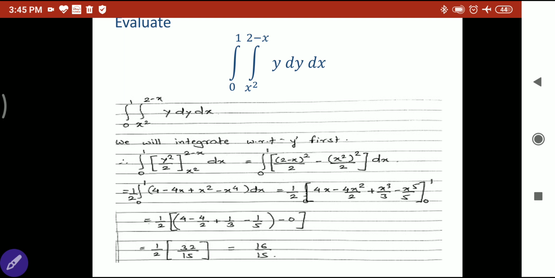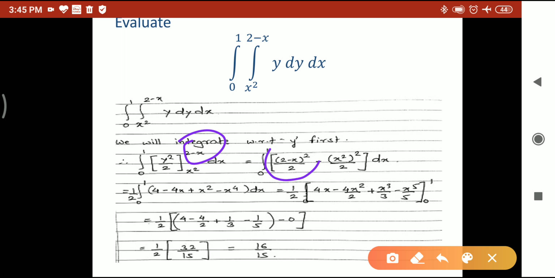When you put the upper limit 2 minus x first, you get (2 minus x) whole square by 2 minus x square by 2, where x square squared is x raised to 4. We take 1 by 2 outside, expand (2 minus x) whole square, and integrate. You get 4x minus 4x square by 2 plus x cube by 3 minus x to the power 5 by 5. This is the integration of this expression.